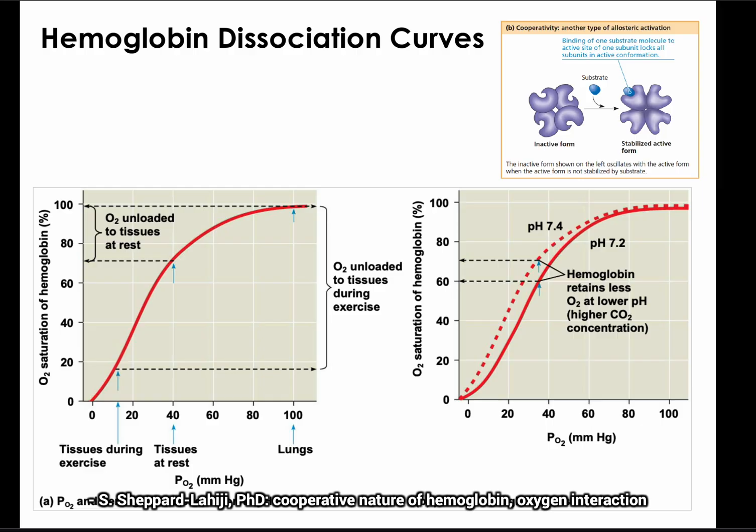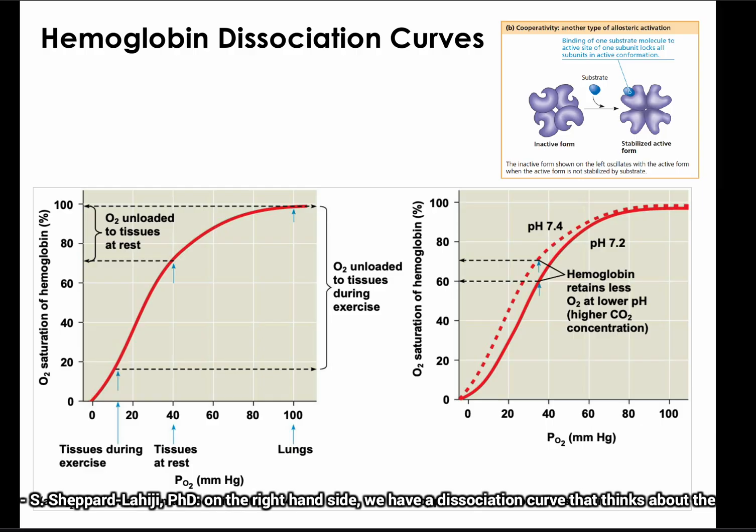hemoglobin-oxygen interaction. On the right-hand side, we have a dissociation curve that thinks about the relationship of pH of the blood with the amount of oxygen that will be found bound to the hemoglobin protein. And as a reminder, under standard physiological conditions, pH should be about 7.4. And here we have an example where our pH goes down to 7.2.